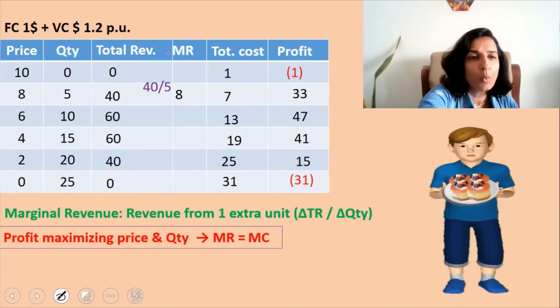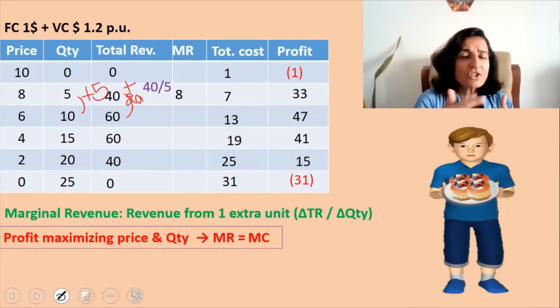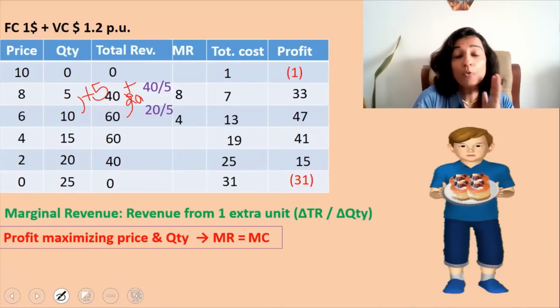Now moving forward, when the quantity jumped from 5 to 10, that is an additional 5 units were sold, the total revenue jumped from 40 to 60, which means that there is an additional revenue to the tune of $20. So what is the additional revenue per unit? Or what is the marginal revenue? It's 20 divided by 5 or $4 per unit.